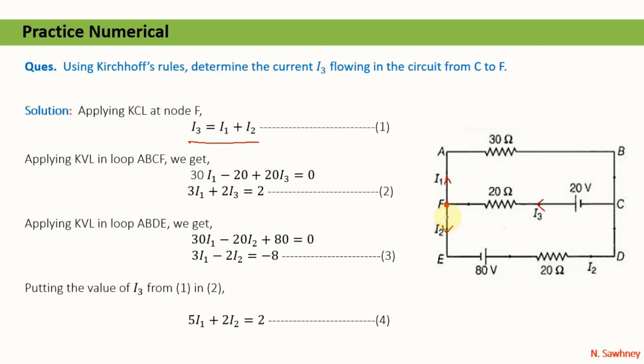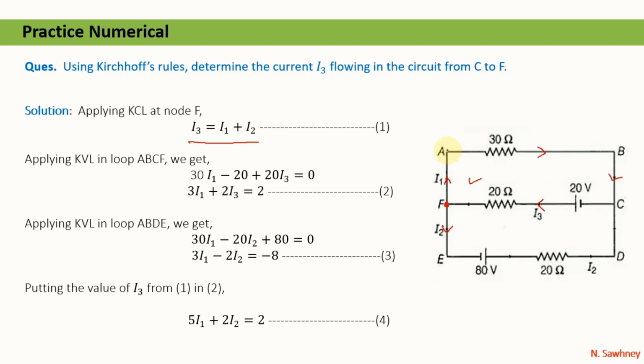Now applying KVL in loop A, B, C, F, that is the upper loop. Now again we have to travel in one direction. This current I1 direction from the 30 ohm resistor will be somewhat like this. It is going to come back in this manner.